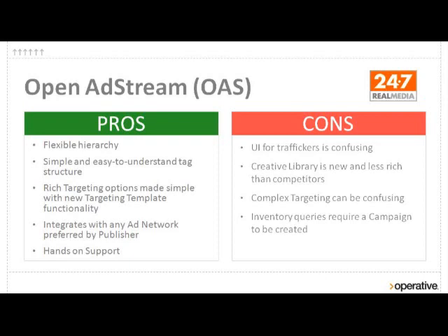And while cookie targeting is very powerful, it's opened up to the same weaknesses that the key values in legacy DFP had of the freeform text entry. And once again, inventory queries need a campaign to be created, meaning that you may have to spend time building something in order to find out what the availability may be.